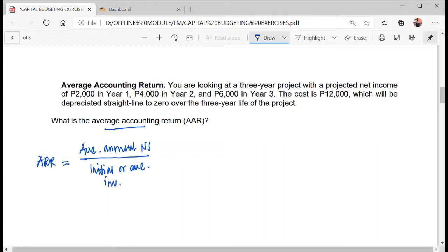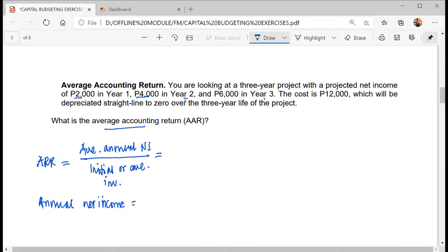Okay? So, how do we get the average annual net income? You have the net income of 2,000 for year 1, 4,000 for year 2, and 6,000 for year 3. Since we need the average net income, we need to average the 3 years.